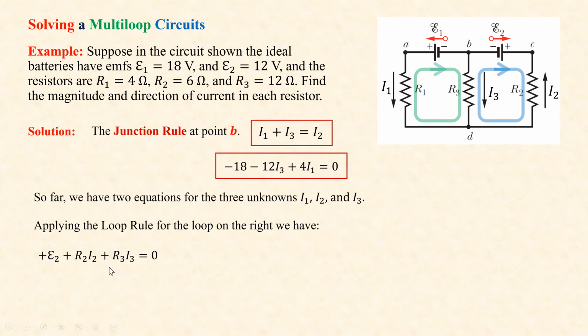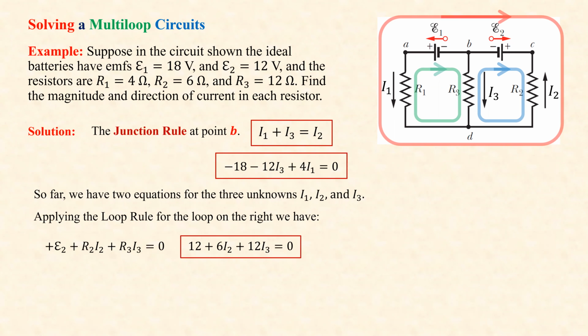Of course, you see, that means that at least one of these should be negative. All right. And then we put the values. E2 is 12 volts, and R2 is 6 ohm. We put that in here, and R3 is 12 ohm. So we get this equation. Now we have 3 equations and 3 unknowns. So far, so good. Any questions?